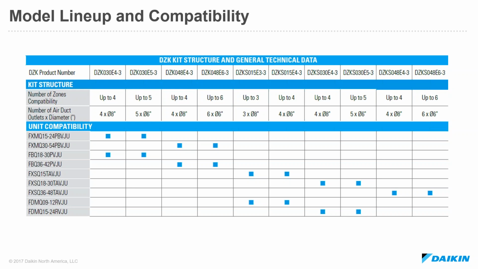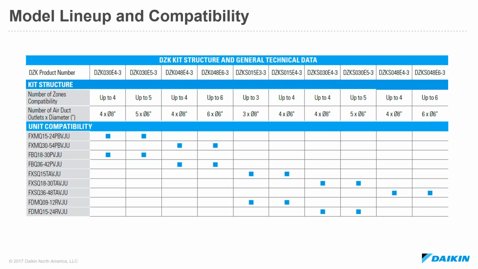The medium-sized DZKS is the DZKS 030, and in that case, we can use either 4 or 5 outlets, and that connects to the FXSQ 18, 24, and 30, and the FDMQ 15 through 24.